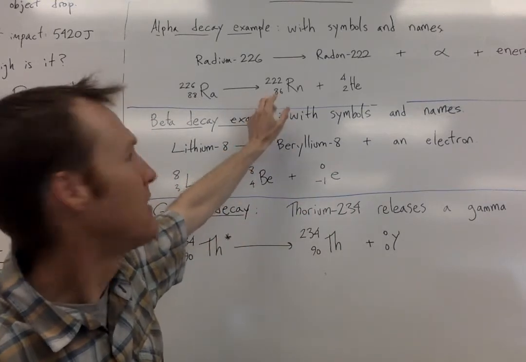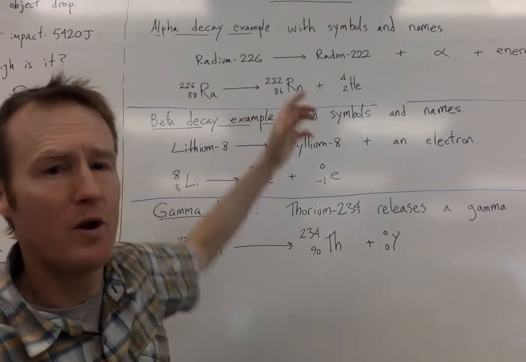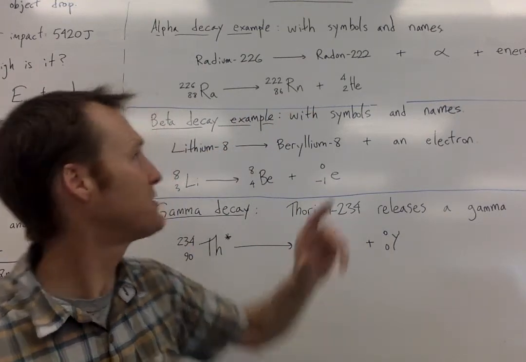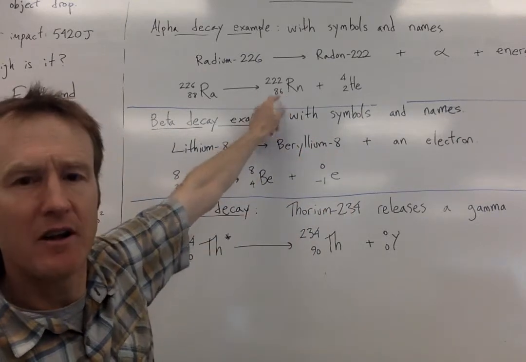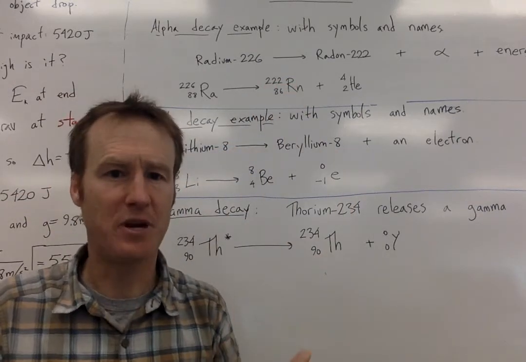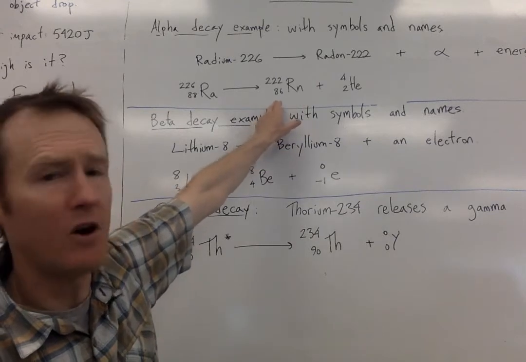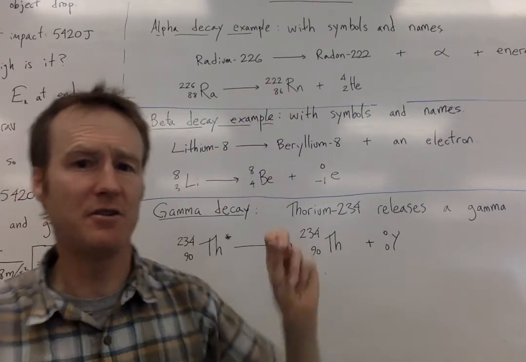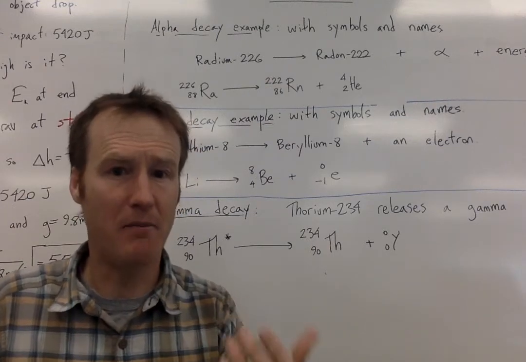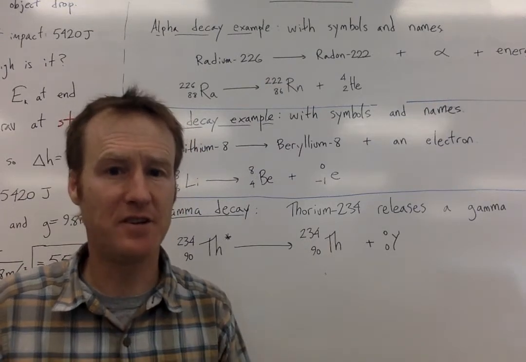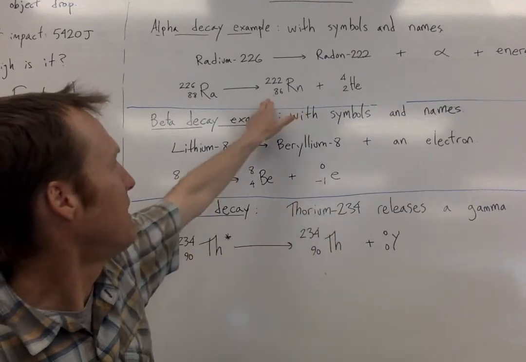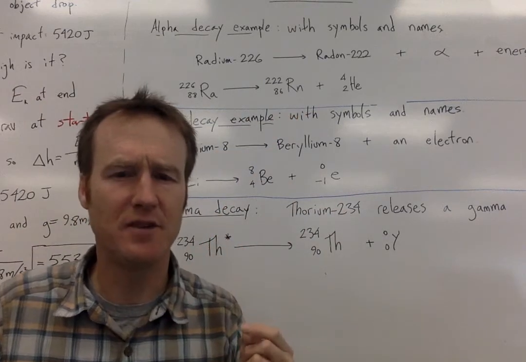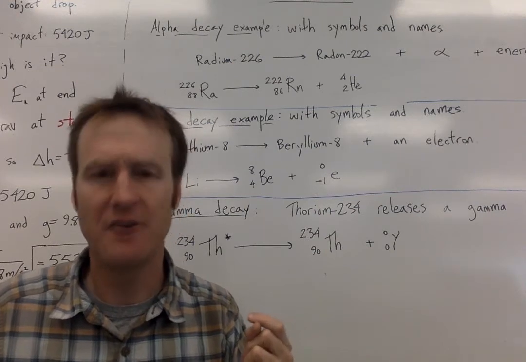Look at this. When this radium nucleus breaks apart, we're making one nucleus of Rn. Well, what's Rn? Go to the periodic table. It's radon. Radon always has an atomic number of 86. This radon is radon-222, so it's got an atomic mass of 222, which means, let's see, 222 minus 86, 122 plus 14, 136.